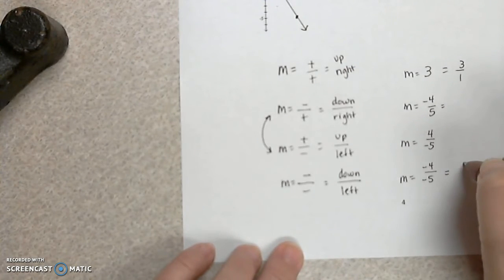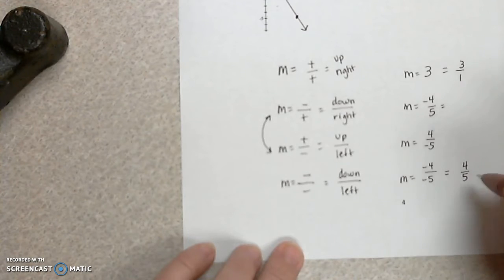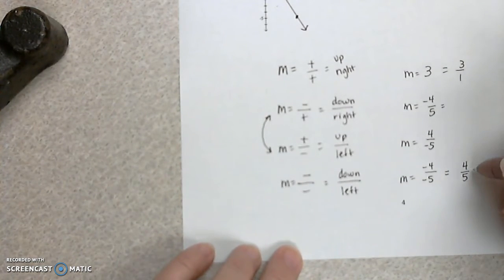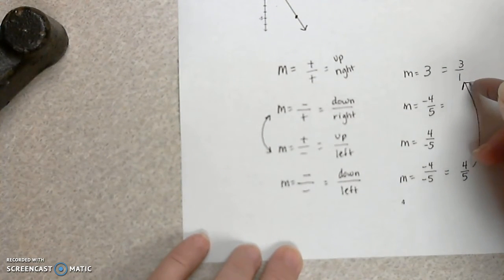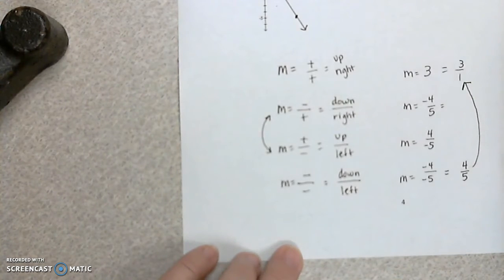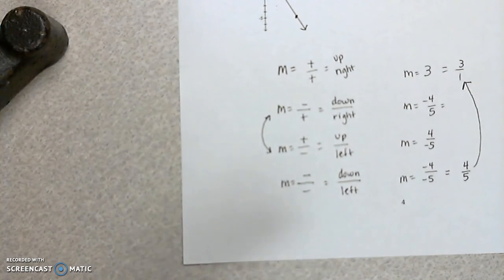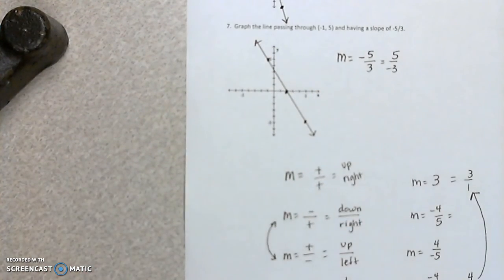Notice this is the same thing as 4 over 5, where I could go up 4 and right 5. So you can use them however you like, looking at the graph, deciding which direction you have the most room to get enough coordinates in so that you can connect.